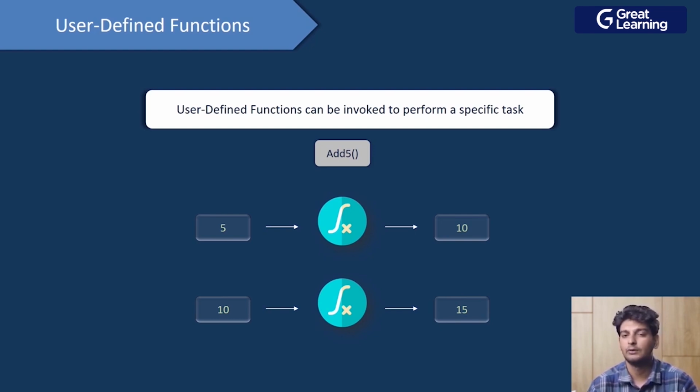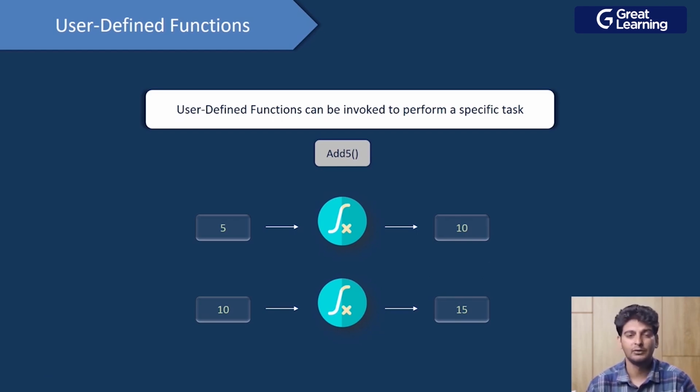So over here, you can use functions. So you can create a function with the name add5, which would basically take in a number and add 5 to it. So if you pass in 5, it'll be added with 5 and then the value becomes 10. And then if you pass in the number 10, this function will take in 10, add 5 to it, and then the result which you'll get will be 15. So this is how functions basically work.